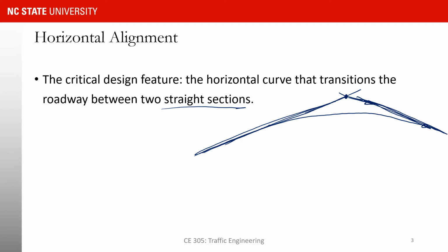Rather than doing that, you are going straight and you transition to turning right, and by the end of that curve you are on the other piece of the road. If we didn't have a horizontal curve here, what would happen? The car that was driving would be going here and at this point would have to make a sharp right turn.